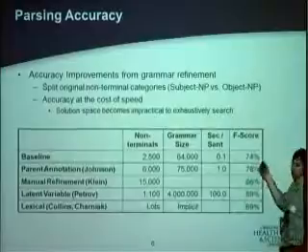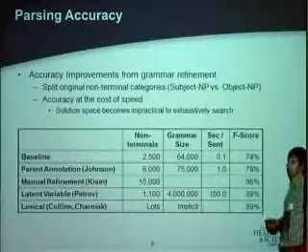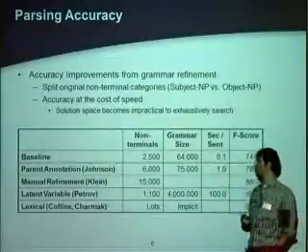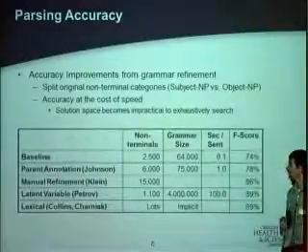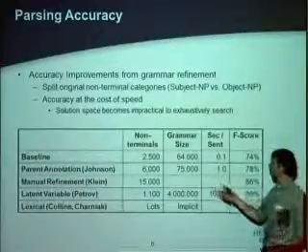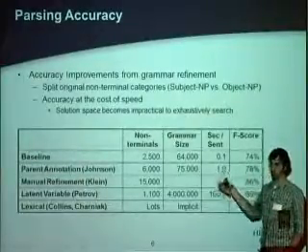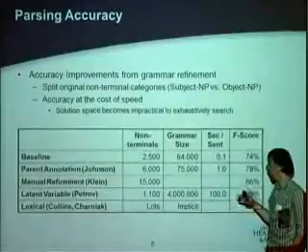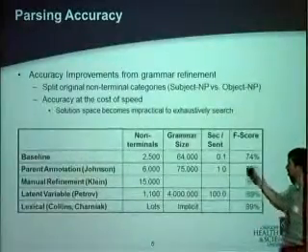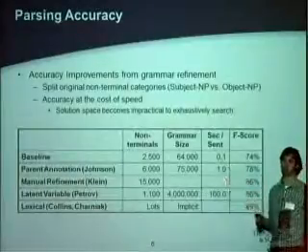But you're going to be in the mid-low 70s as far as accuracy goes. Johnson proposed this method called parent annotation. I'm not going to go into the details of these, but the trend here is that we're going to increase the grammar size overall, which is going to make our accuracy better, but it's going to take much longer to parse.